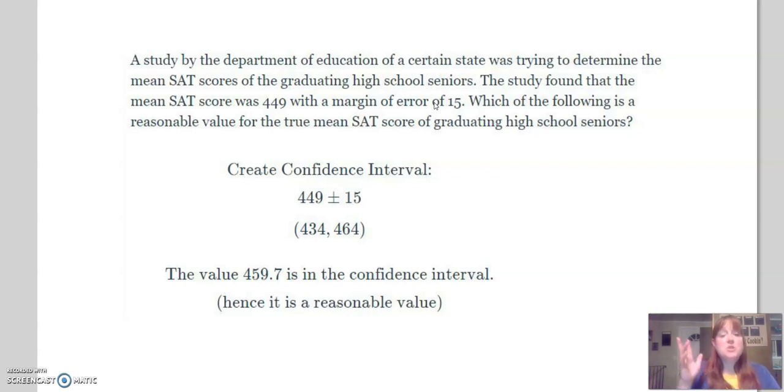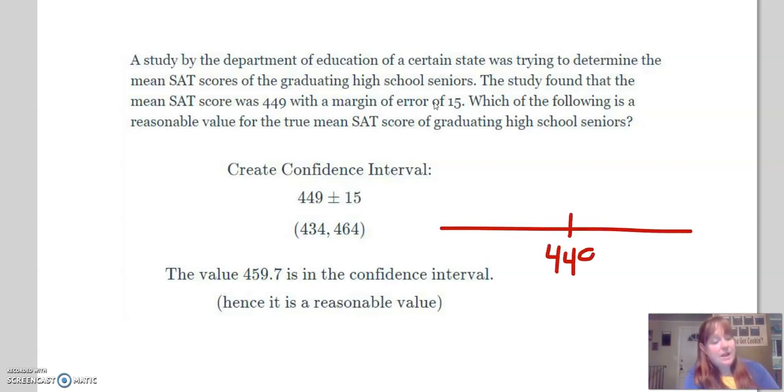But the first thing we do is create a confidence interval. And all a confidence interval says is, okay, here's the sample mean. This is what I got when I sampled people. And I am pretty confident that the actual mean of every SAT score in the entire state is within 15 of this.